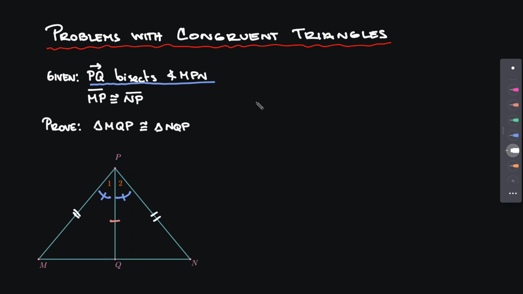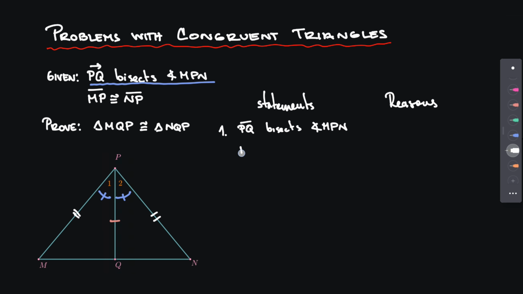So we have our statements and we have our reasons. Okay, so first statement. The first statement is the given. PQ bisects angle MPN, right?